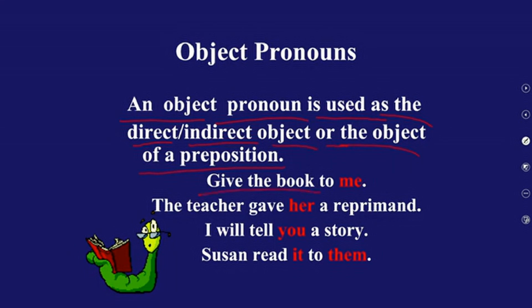"Give the book to me." Instead of naming yourself, obviously you use the pronoun. Here me is the object. "The teacher gave her a reprimand." Here, her is an object, so instead of naming the individual, we used the pronoun her.